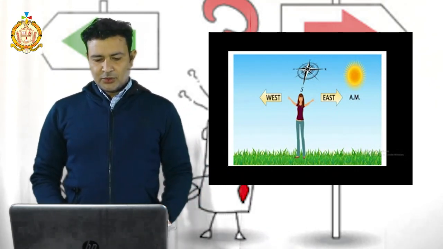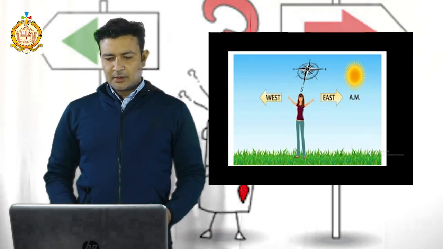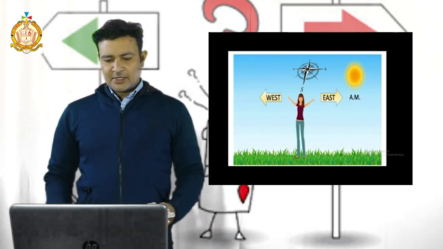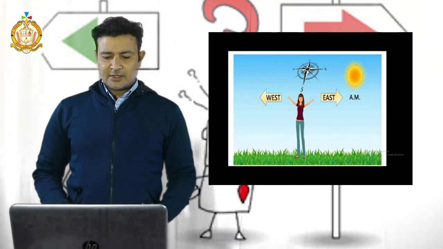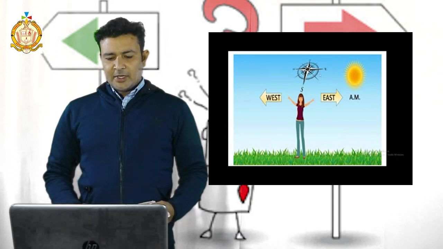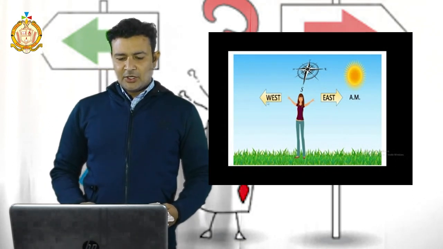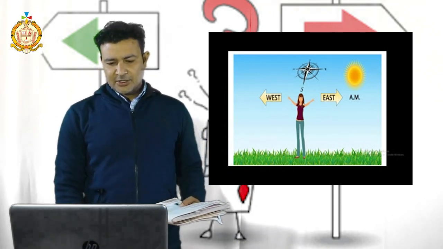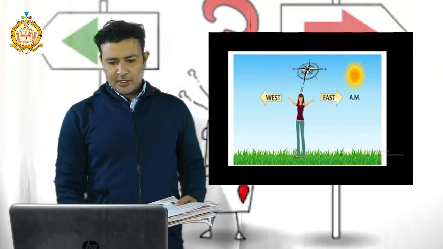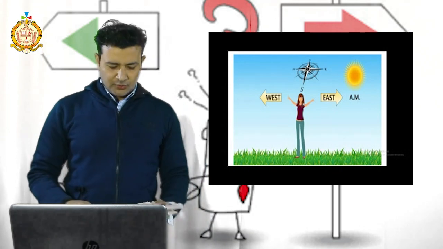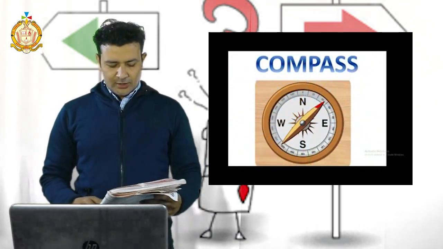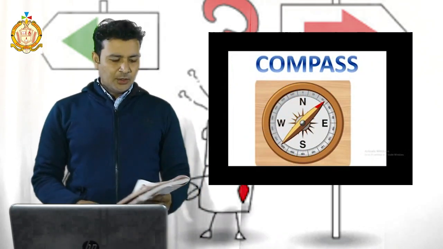Now it is clearly showing to you: the right hand is in the east, the left hand is in the west, and the top, the head, is on the north side and the feet on the south side. Here directions are given to you, one circle is there showing directions, and the hands are also showing directions. You will see the same picture in your book also on page number 134.